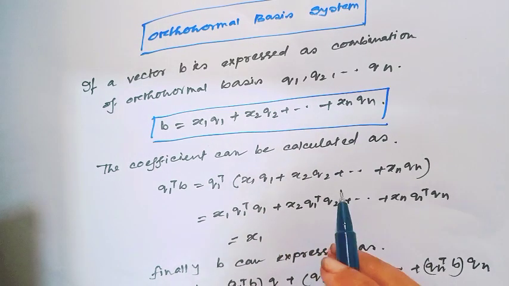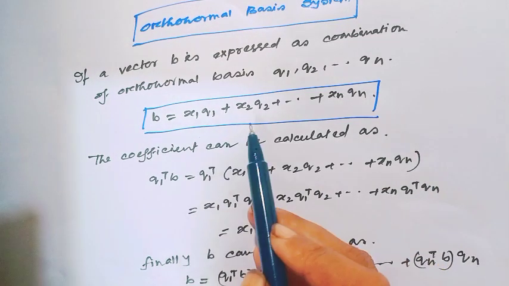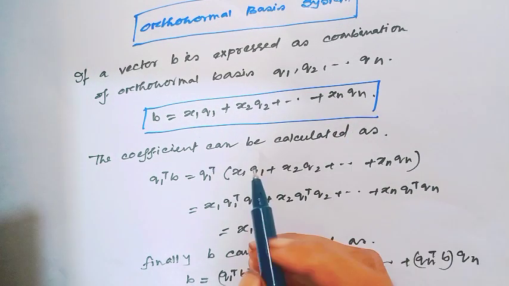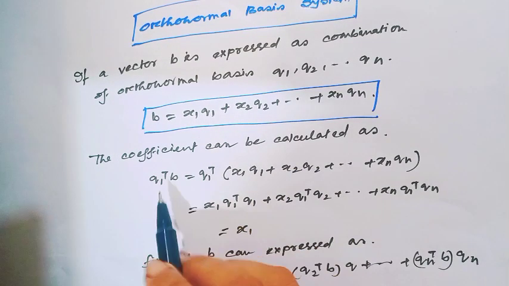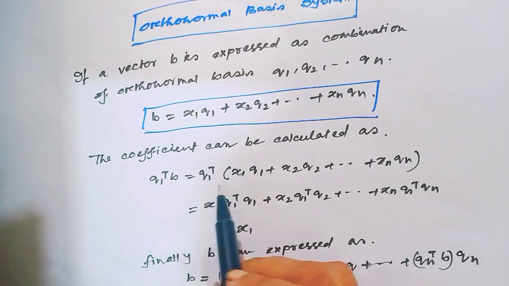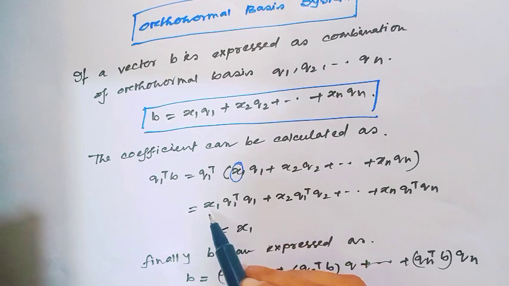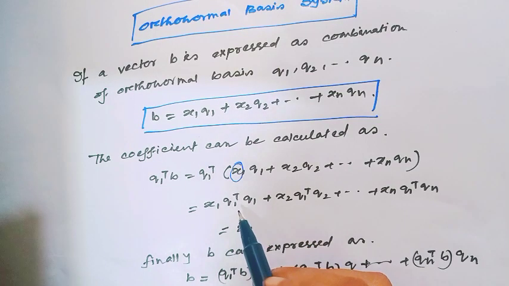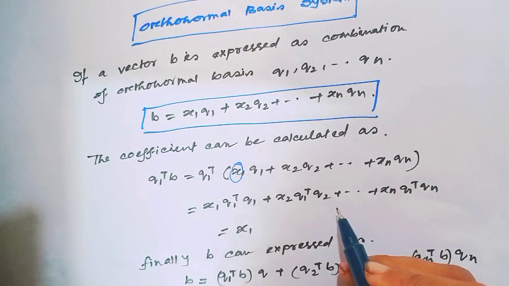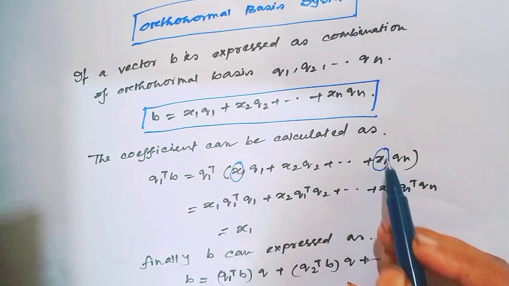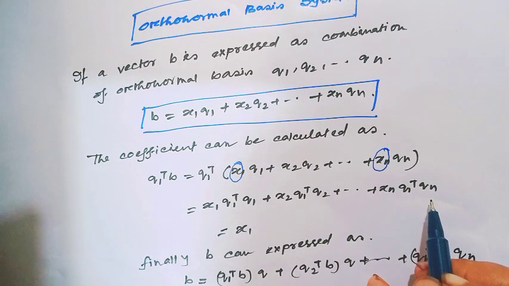To find the coefficients x1, x2, up to xn, just multiply this equation by q1 transpose. Since these are scalars, we omit them: x1 times q1 transpose q1, plus x2 times q1 transpose q2, up to xn times q1 transpose qn.